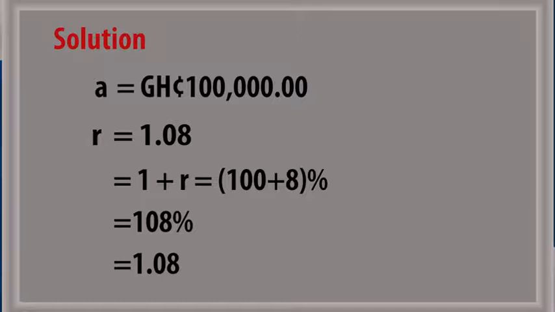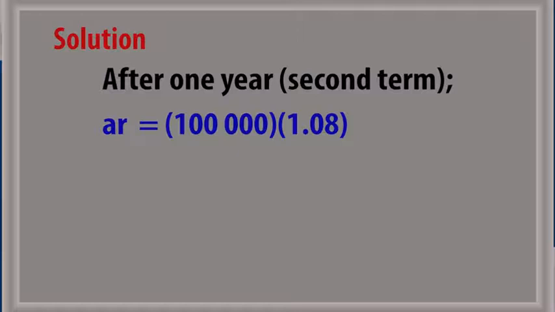Now for the A part, after 1 year is the second term. AR is equal to 100,000 times 1.08, which is equal to 108,000 Ghana cedis.